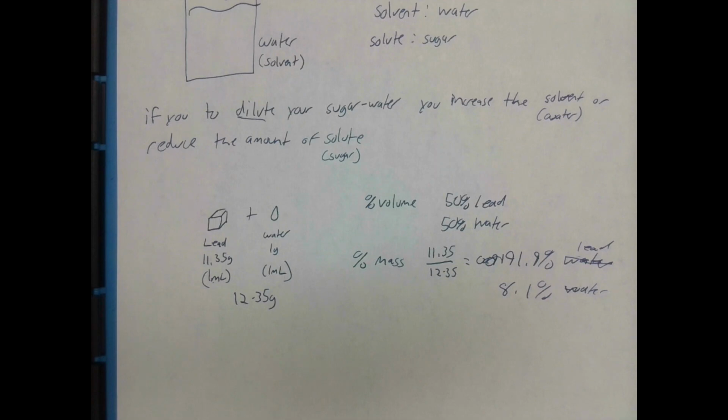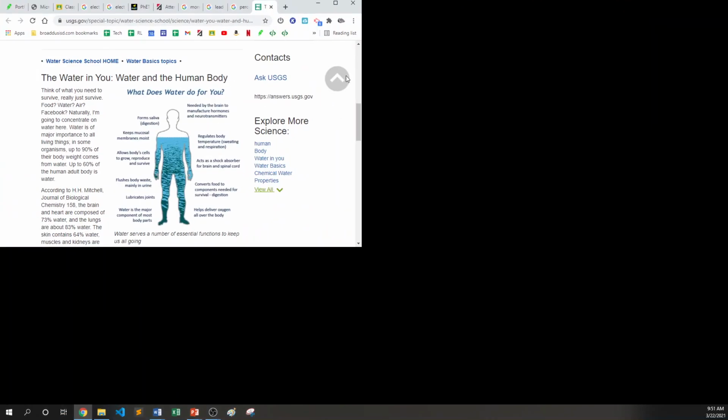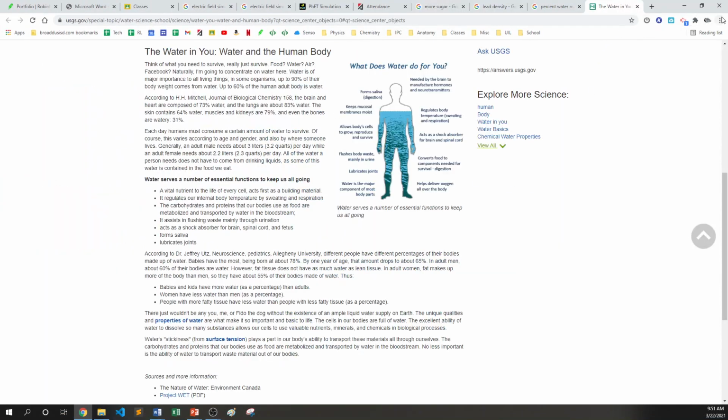Let's do by mass. It's very difficult because you find a lot of places that aren't very scientific and don't clarify, and then you can't use their numbers.